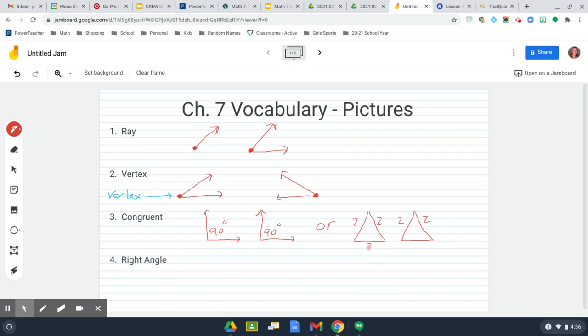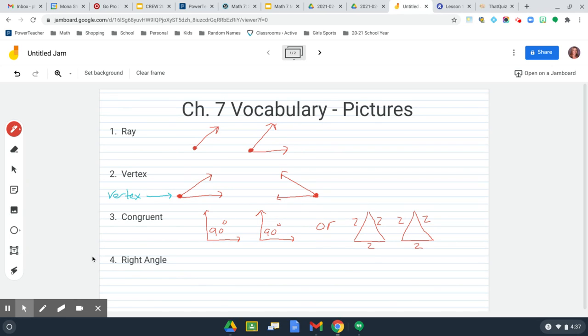And maybe, you know what, on that third side, I'm also going to make that 2. These are congruent triangles. These are congruent shapes. They have the same sides. The sides are equal. So you can have congruent angles, same measurement. You can also have congruent shapes or sides that are the same.